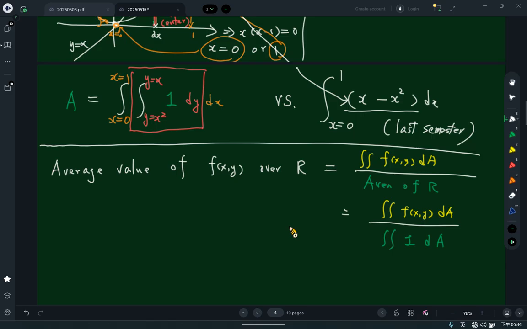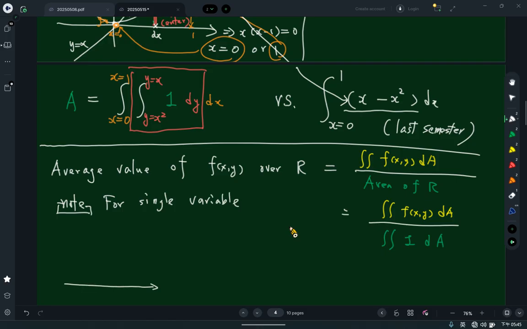So if you still remember, for the single variable we also learned this before.